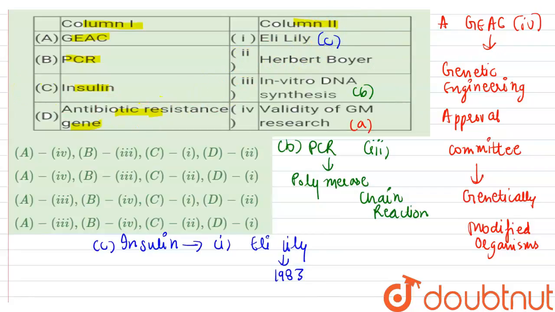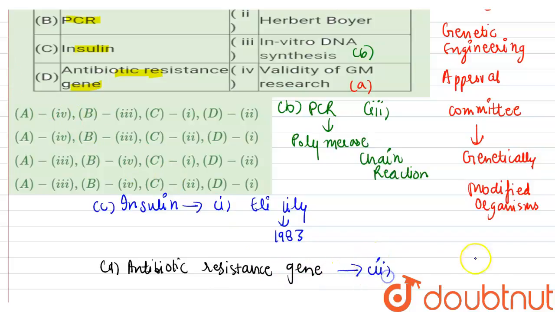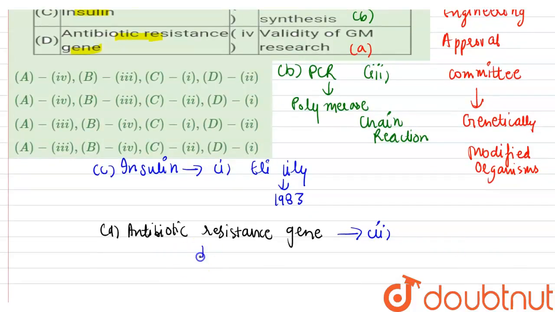Now the last one is antibiotic resistance gene, D. So the correct option for this is Herbert Boer. Second, as Stanley Cohen and Herbert Boer.